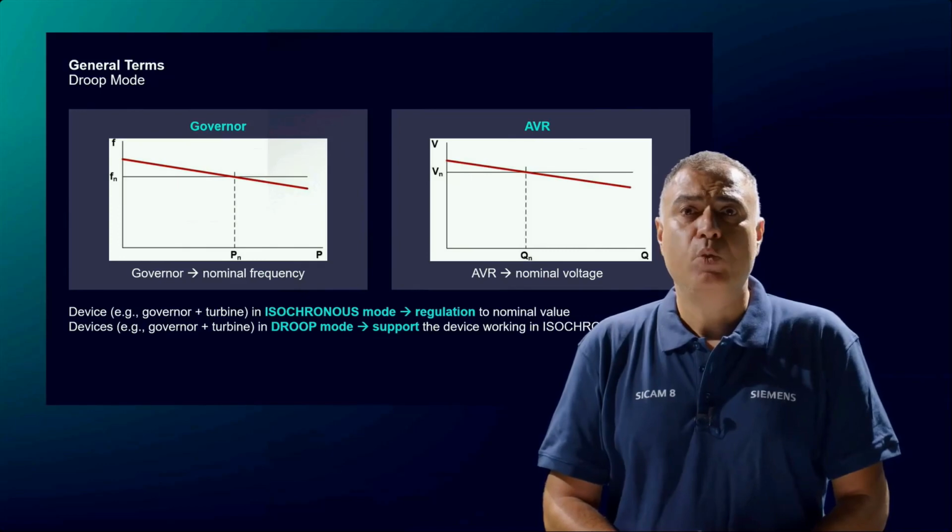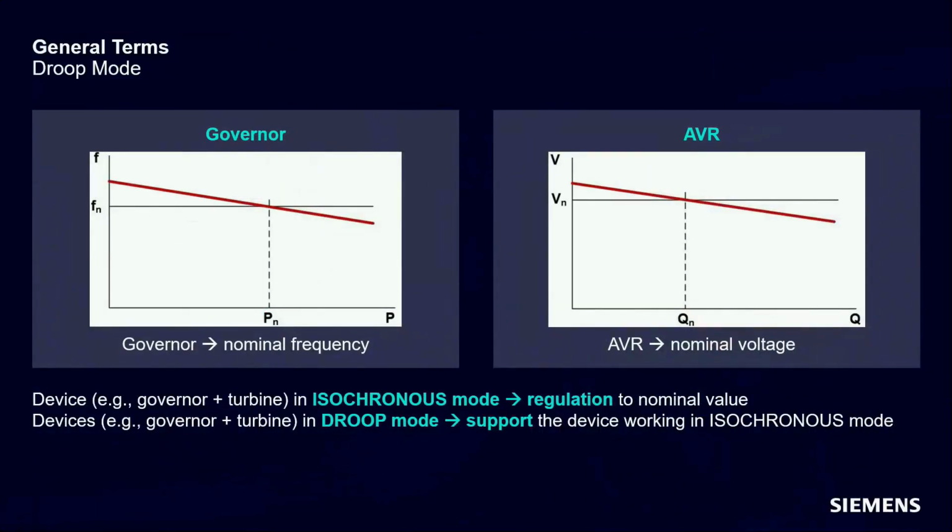With this slide, we come to a second working mode that is usually provided by primary controllers, the droop mode. Let's start with the droop mode for governors. As you can see by the diagram, if a governor is working in droop mode and it has to provide more active power, then according to the droop characteristic, the governor will increase the power production at smaller frequencies.